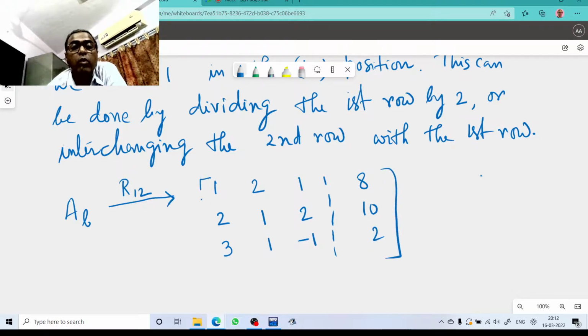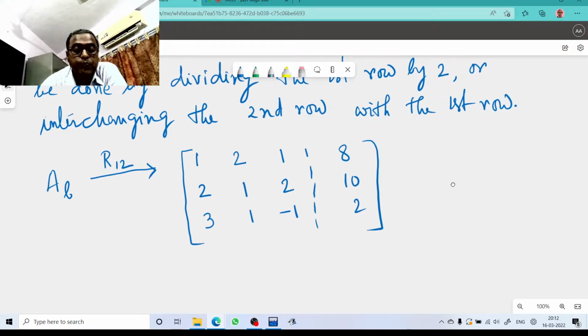Here we only interchange the first row and second row.